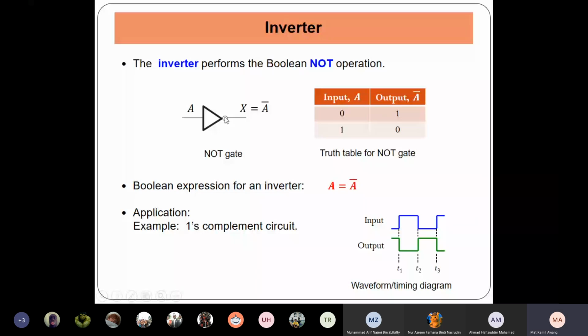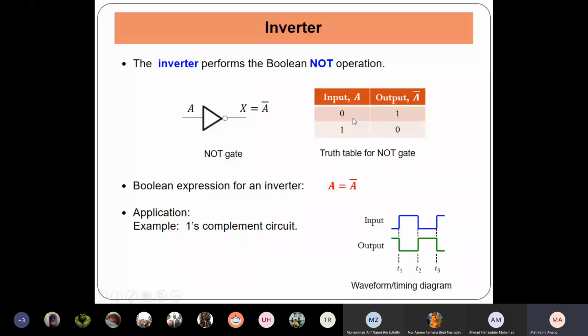This circle means NOT. So if the input is A, then the output X is A bar, not A.